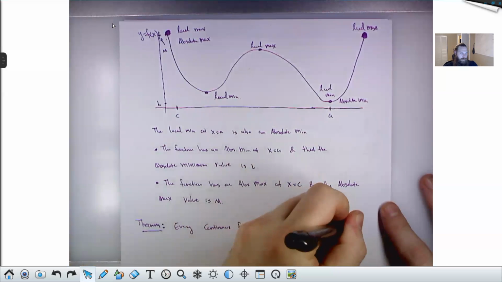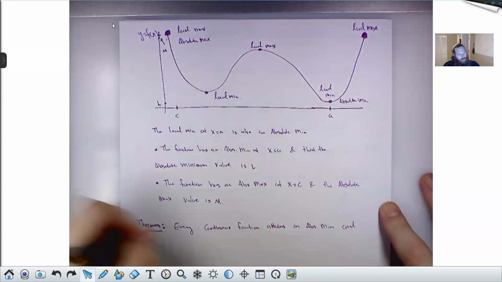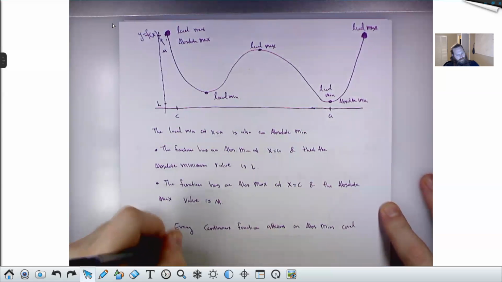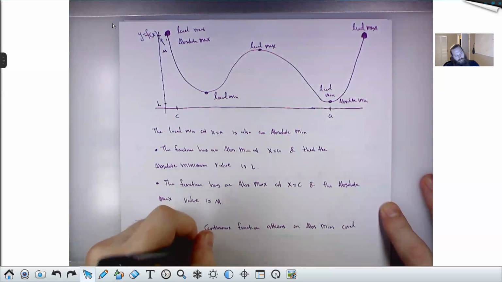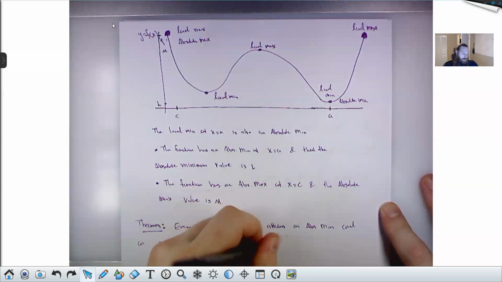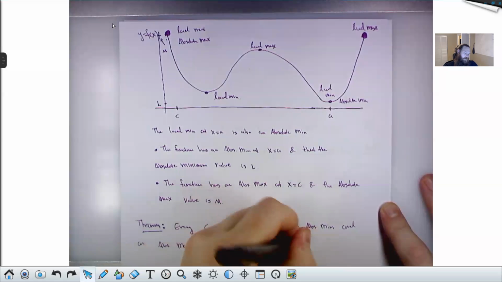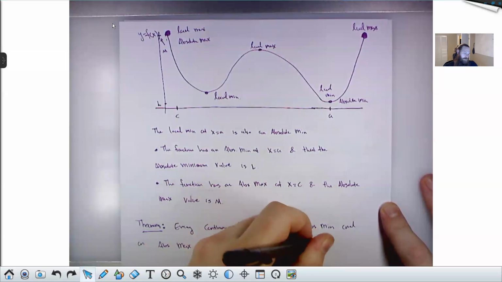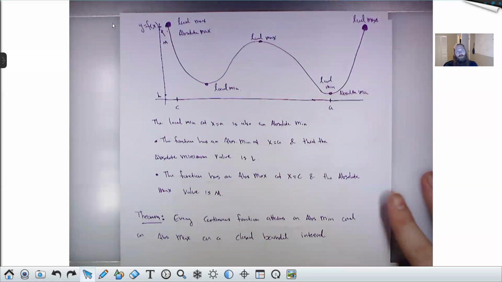An absolute min and an absolute max on a closed bounded interval. So if I take a continuous function and I restrict it to a closed bounded interval, that function will always attain an absolute max and an absolute min.